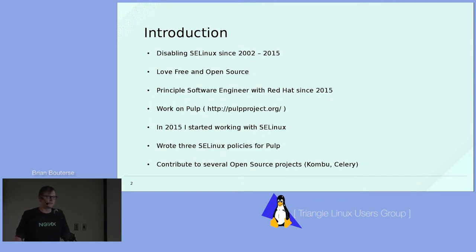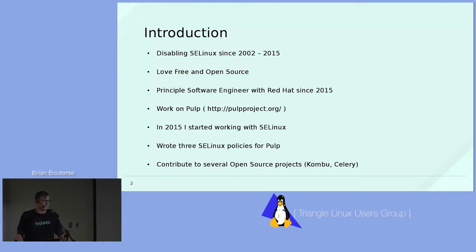I work on a project called Pulp, along with Michael Hrivnak, and Pulp, just real briefly, is a software repository management system which manages things like RPMs and Puppet modules, Python packages, OS trees, Docker containers, a bunch of different types. It helps you sync down these packages, store them, compose them into repositories, and then host them to all of your machines. So that's a little bit about what we do in my day job.